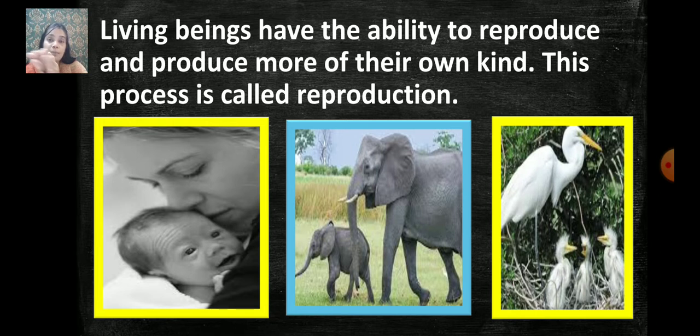And elephant babies look like elephants. So that is called reproduction. Living beings have the ability to reproduce and produce more of their own kind. This process is called reproduction.